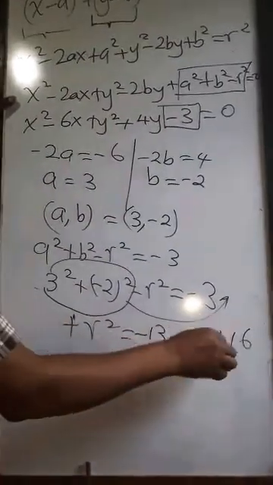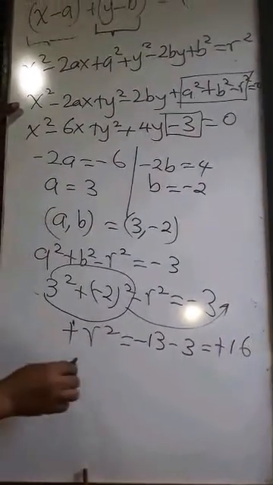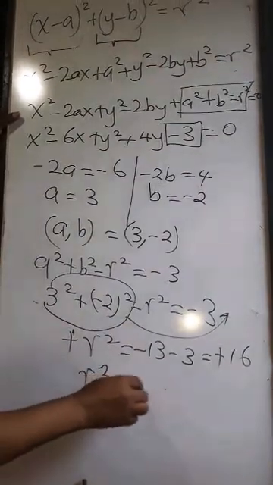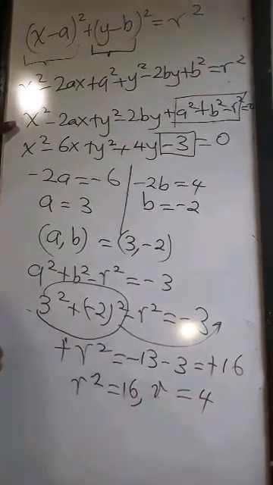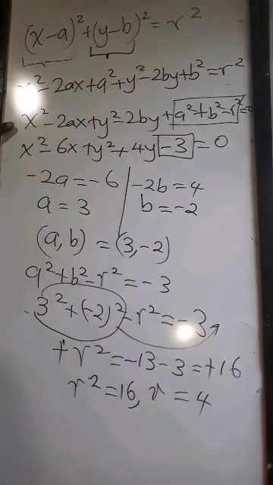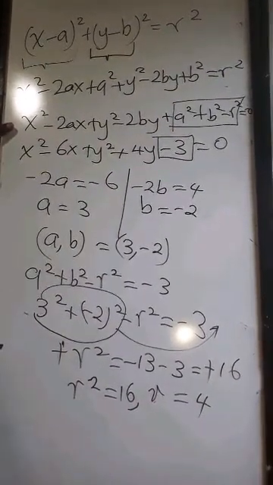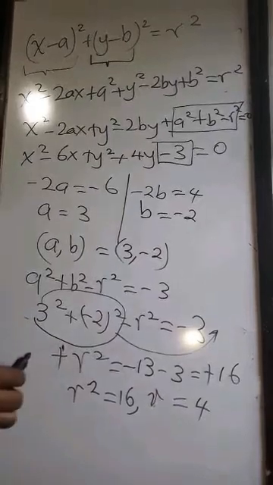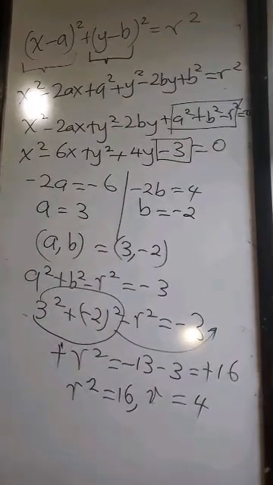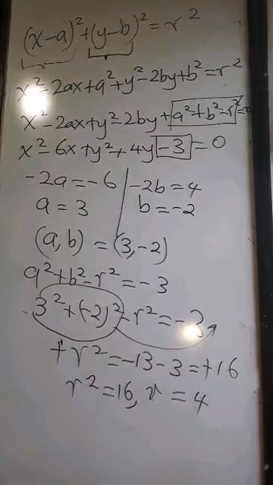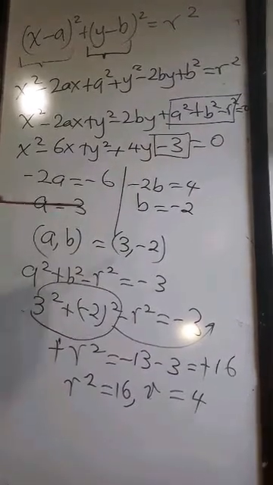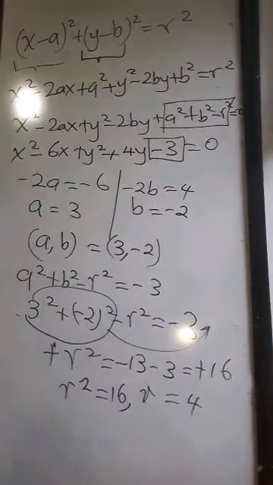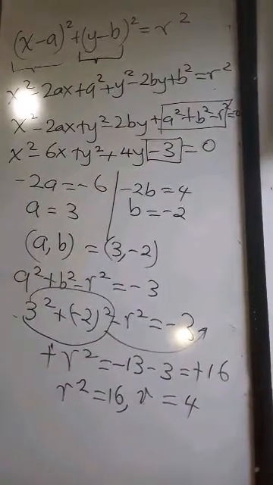So r squared is 16, and therefore r is 4, because it's the square root of 16. Now the square root of 16 is positive 4 or negative 4, but because we are dealing with length, we take positive 4. So the center of the circle is (3, negative 2), and the radius is 4.